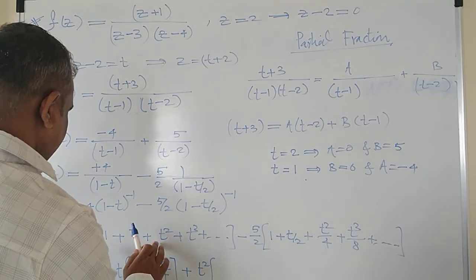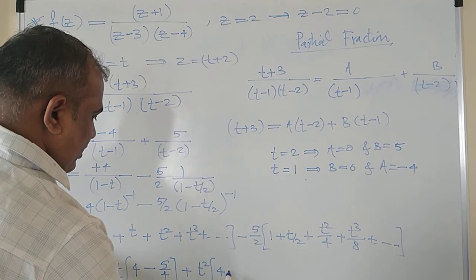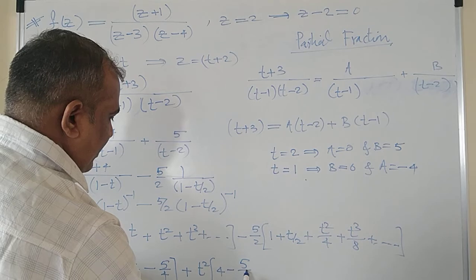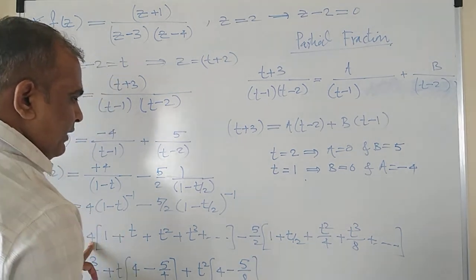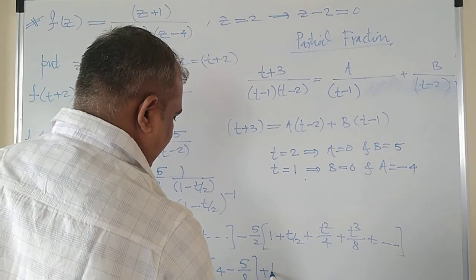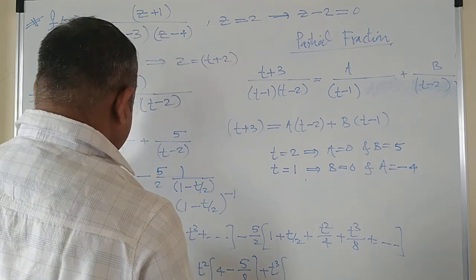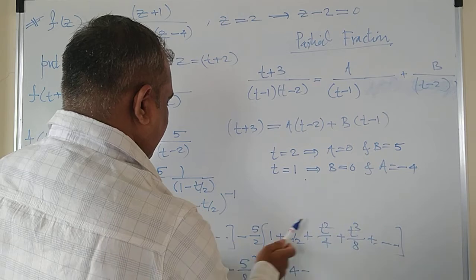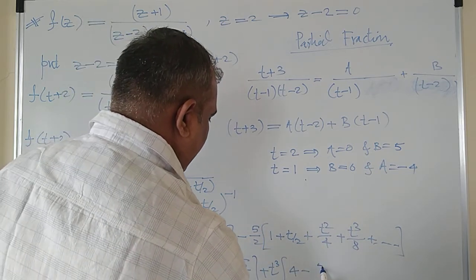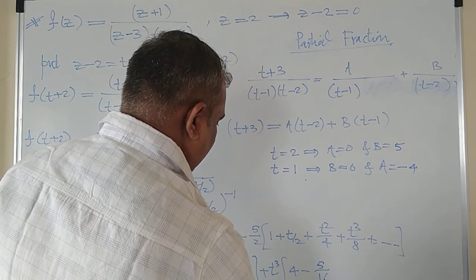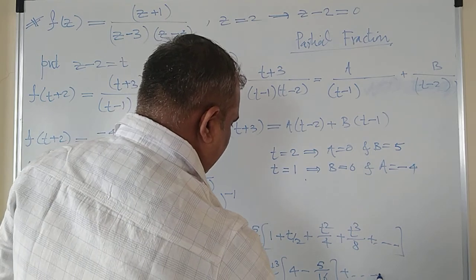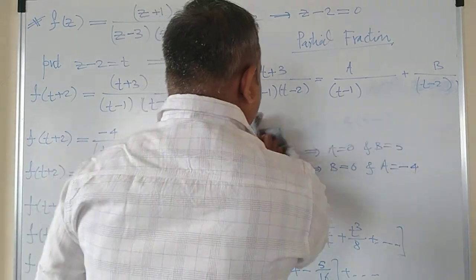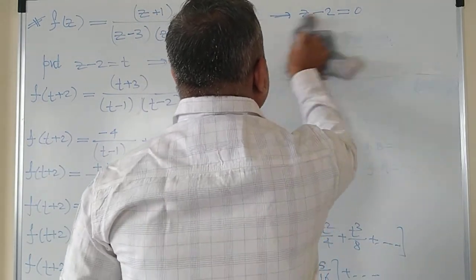If t square is taken out common, you will be left with 4 minus 5 by 8, right, plus t cube taken out common, here you will be left with 4 minus 5 by 16 plus dot dot dot, right, and now you will get the final answer.